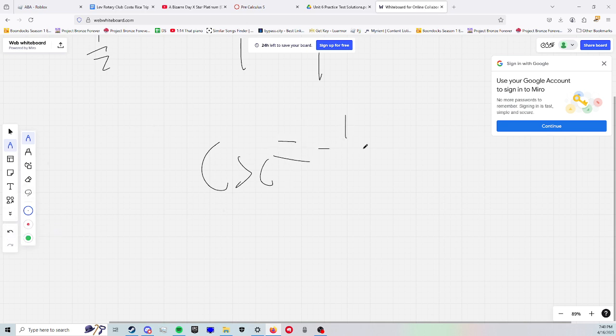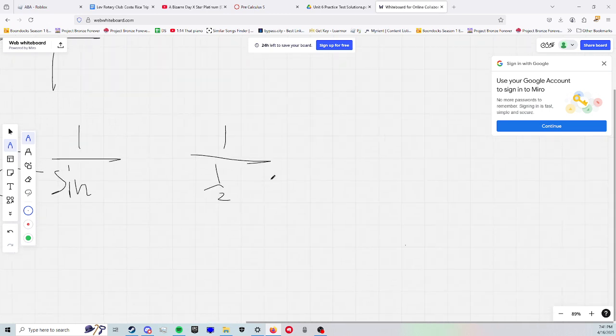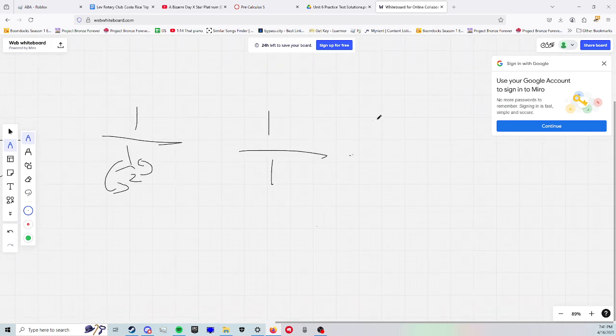Cosecant is 1 over sine. So if our sine value is 1 over 2, we're flipping this around and multiplying it. So this would be 1 over 1 times 2 over 1, which is equal to 2.